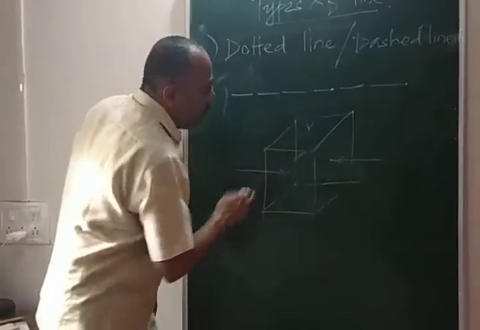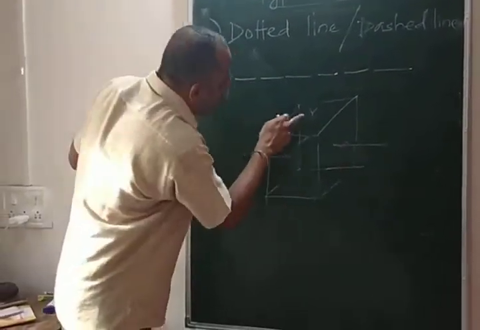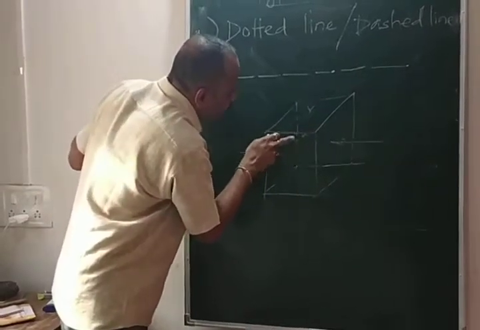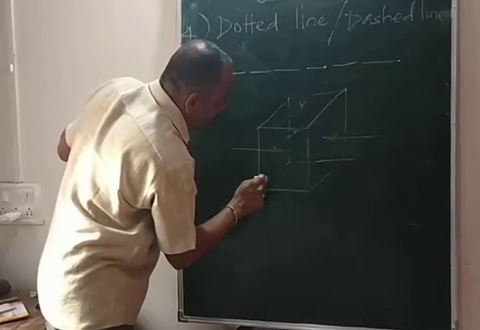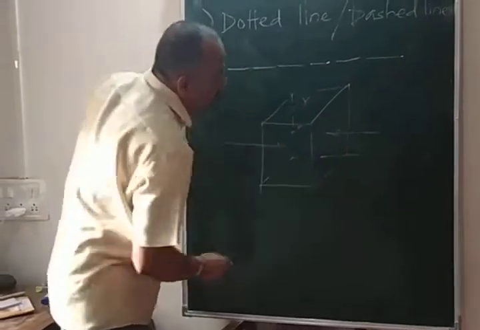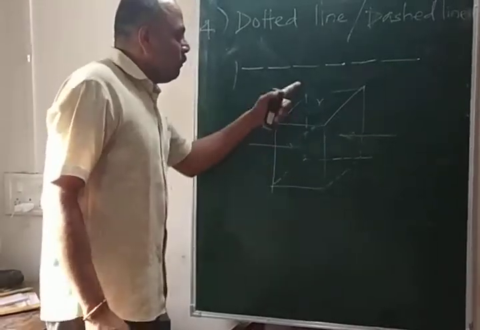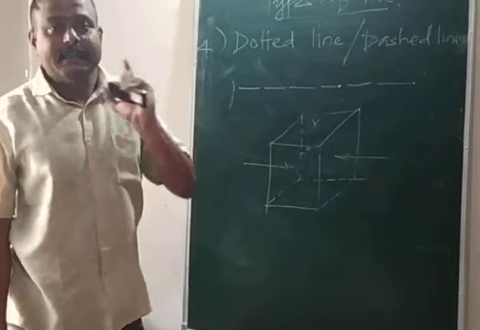But I have to show this is a cube, and for that purpose I have to draw these lines as dotted lines. It means that the edges are there, but those edges are not visible to our eyes.